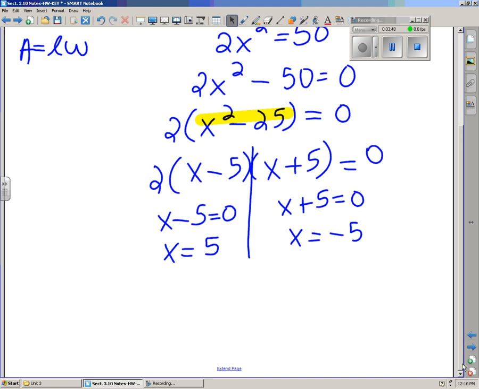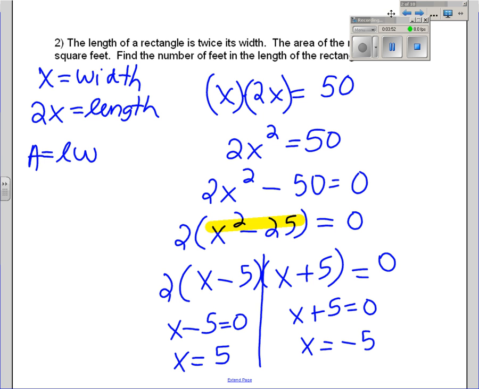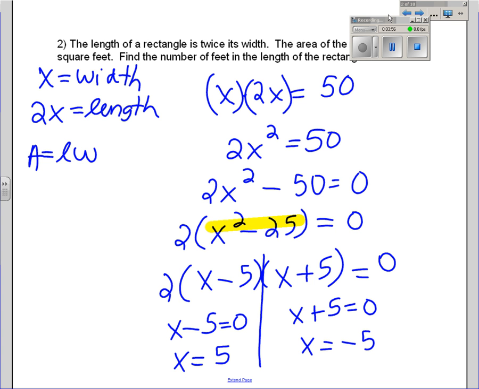Well, we have to go back to the question which says find the number of feet in the length of the rectangle. If we use the width to be 5, then the length would have to be 10. That's using this solution.